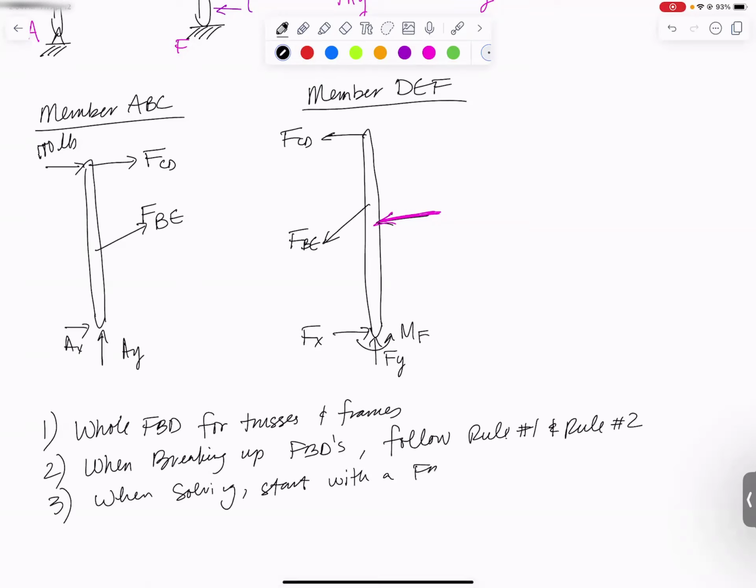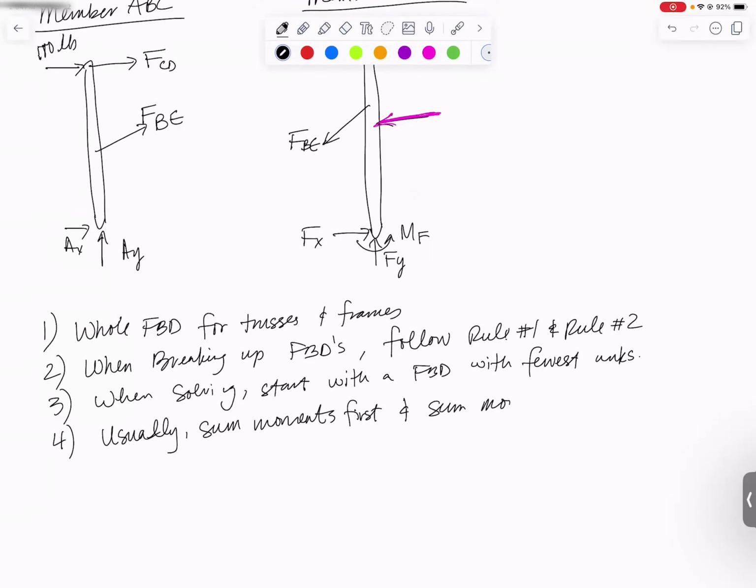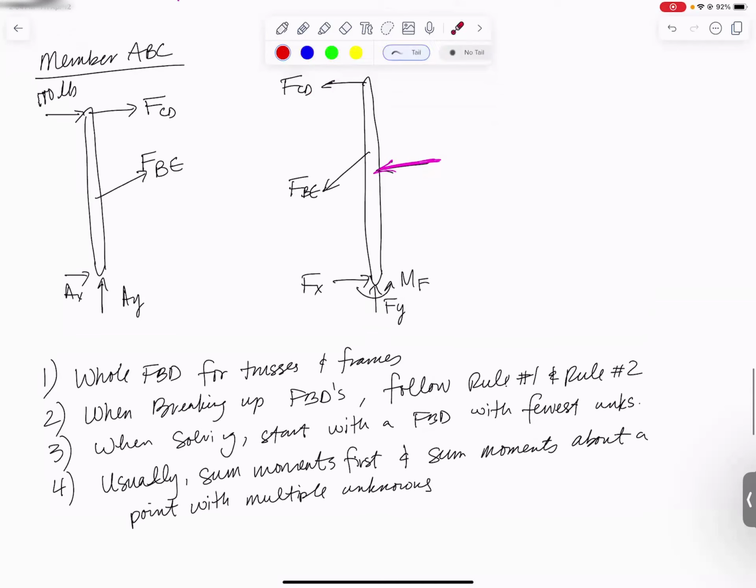Fourth, usually you want to sum moments first. Sum moments about a point with multiple unknowns. Like this one I just showed you, a great place to sum moments is point A, because it's got 2 unknowns. So that concludes this part of your final exam review.